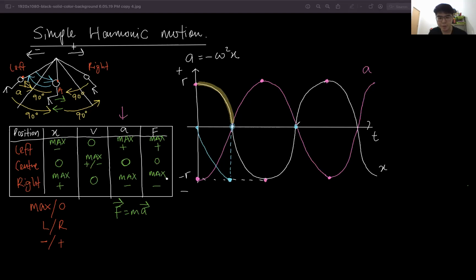This point, when the displacement is 0, which means when the white line crosses the x-axis. So here, the velocity is a maximum and it is a positive value. So it's up here.